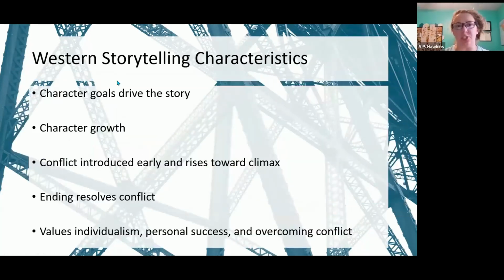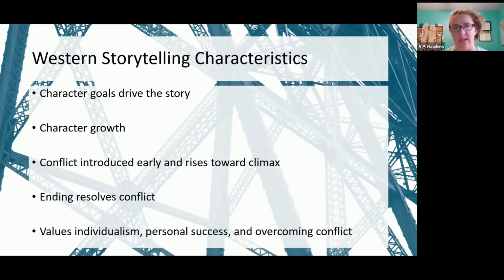So in general, and again, big generalization here, but in general, Western storytelling has specific characteristics that kind of inform the structure of stories. And some of these are, the story is kind of driven by the character's goals. If the main character doesn't have a goal, there is no story in this case.